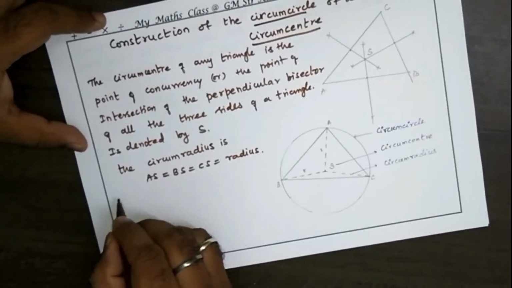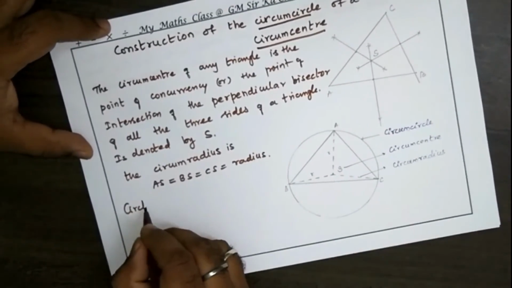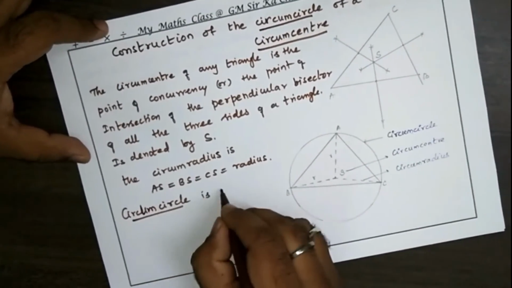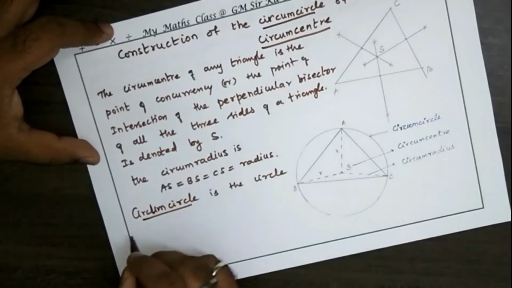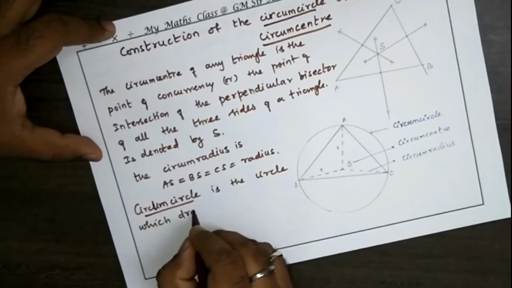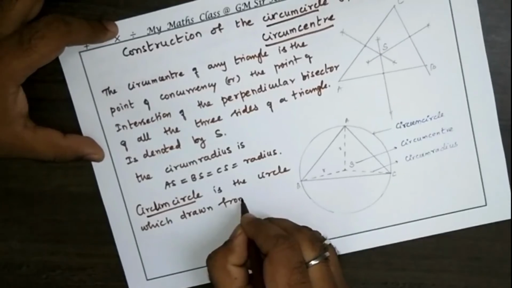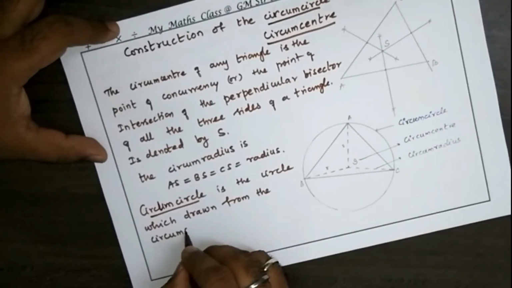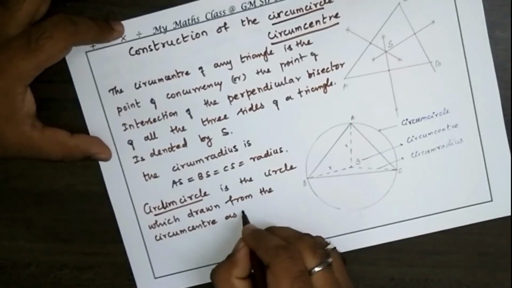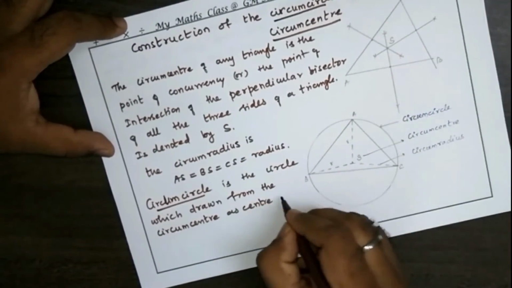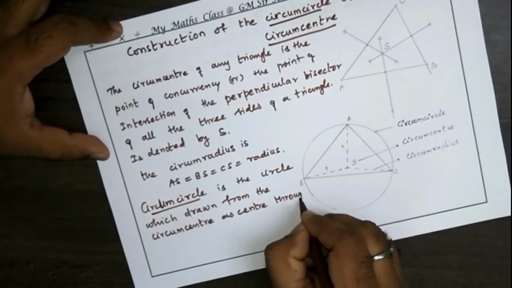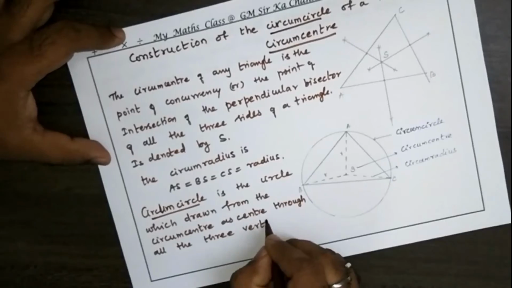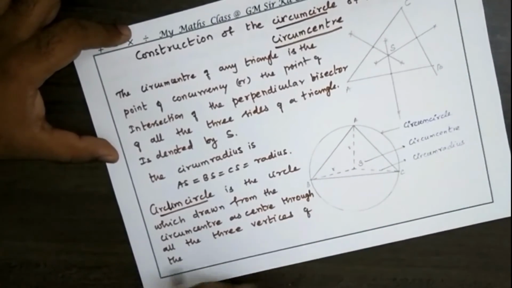And the circumcenter is this, and the circumcircle is the circle which is drawn from the circumcenter as a center through all the three vertices of the triangle.